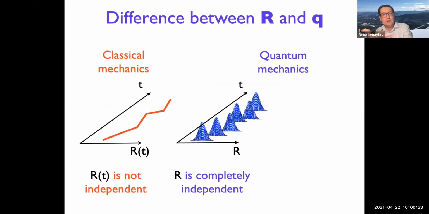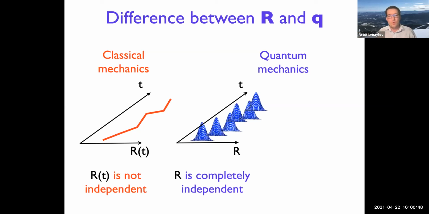Just a little bit of emphasis on the difference between the nuclear coordinate and the center of the Gaussian: it's a lot like the transition we make when we teach quantum mechanics. In classical mechanics, we have a nuclear, or any particle, coordinate as a function of time. It depends on time, at least we can think of a Lagrangian frame if you'd like.